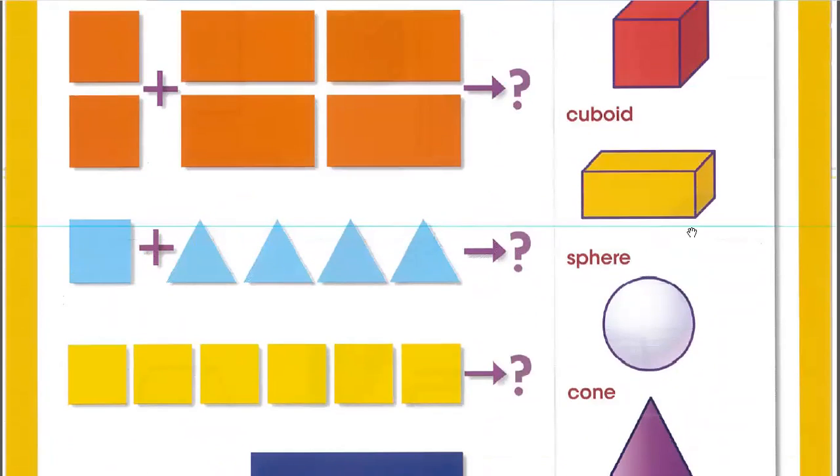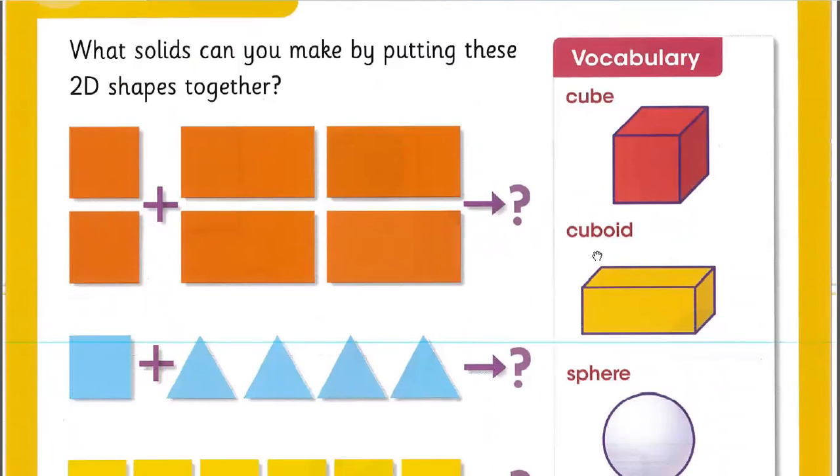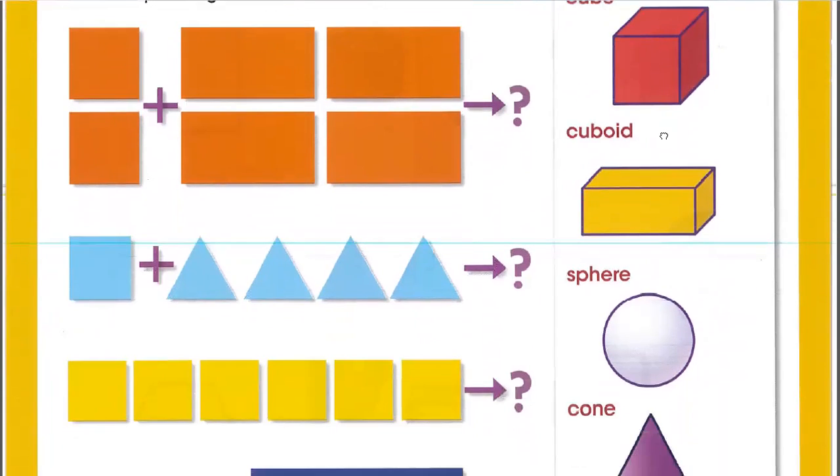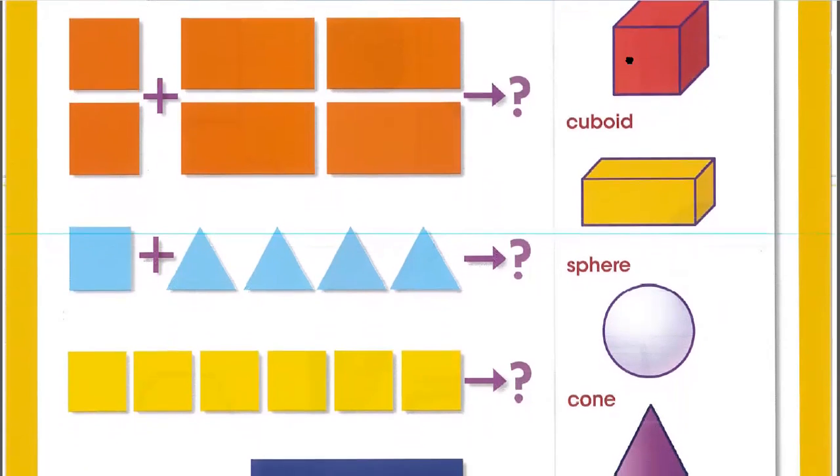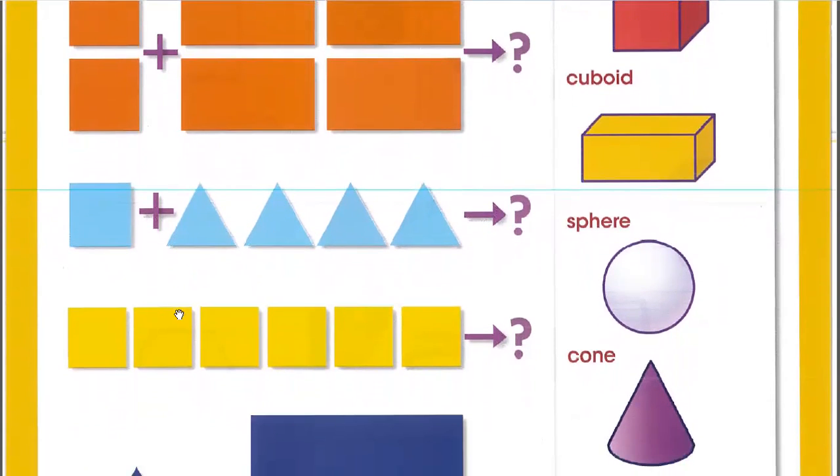Let's start from the first shape. First shape is cube. This shape is combined with many squares. Yes, good boys, squares. 1, 2, 3, 4, 5, 6.